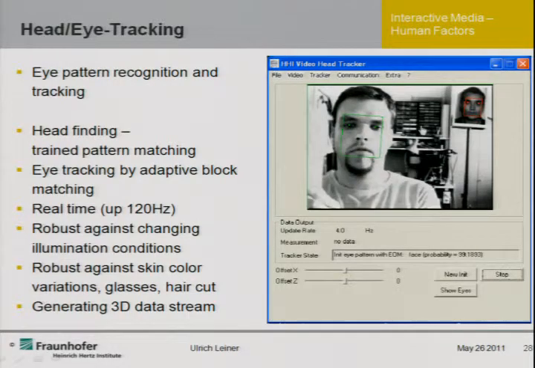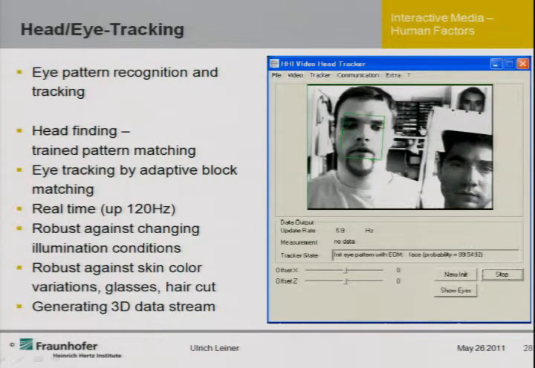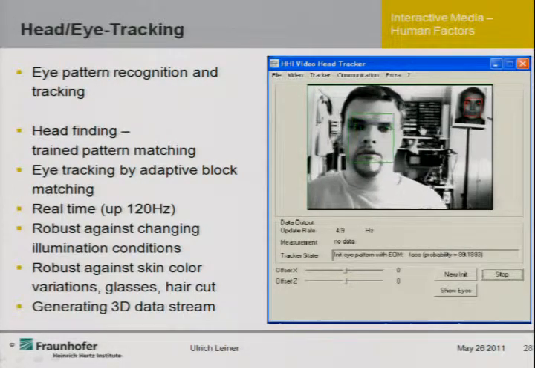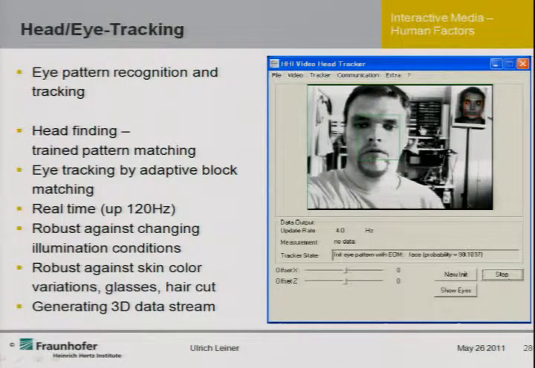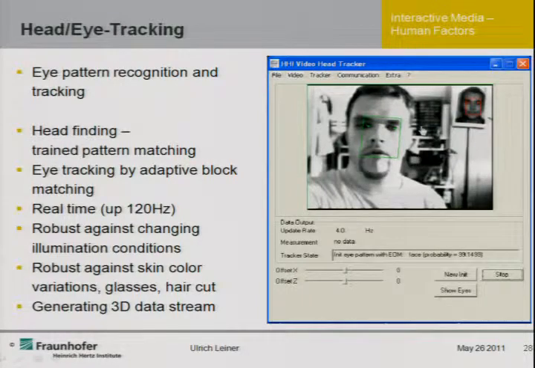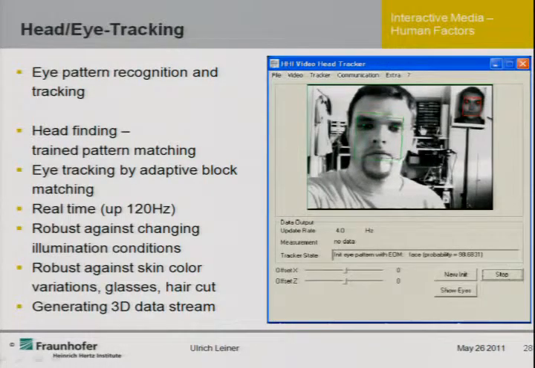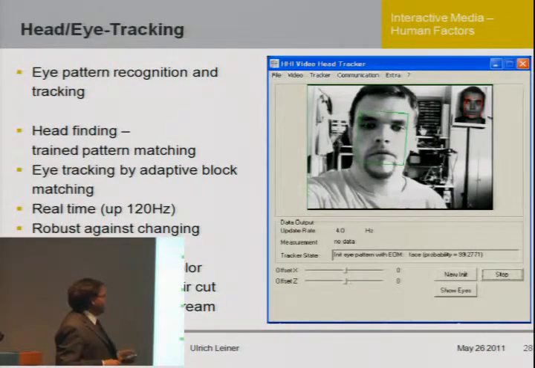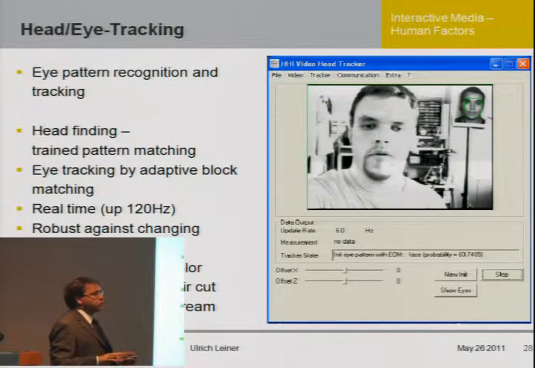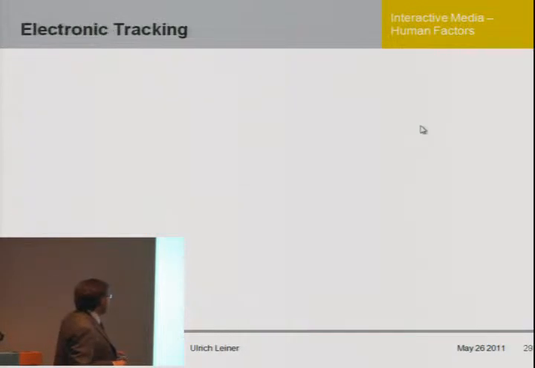It's so precise that it even works for printed images, and you will see printed images later. Of course, the challenge on the eye tracking is you have to make it robust. There are illumination changes, there's skin color, there are glasses, there are beards, and so forth. But under some controlled conditions, it works pretty well.